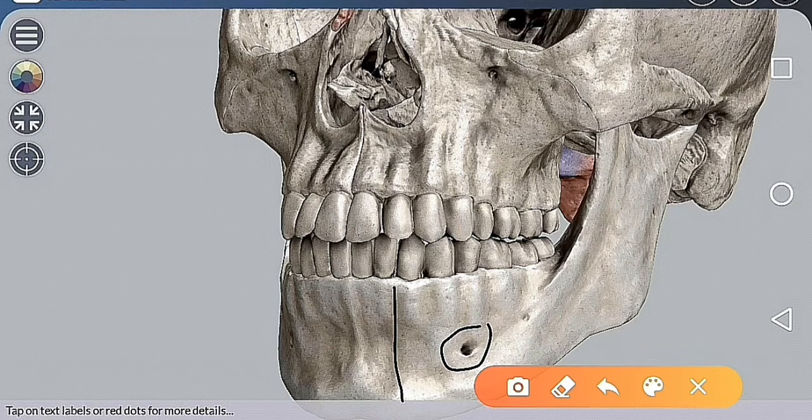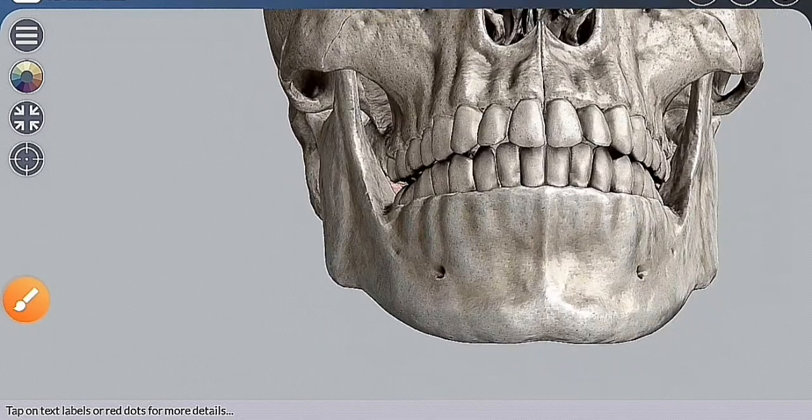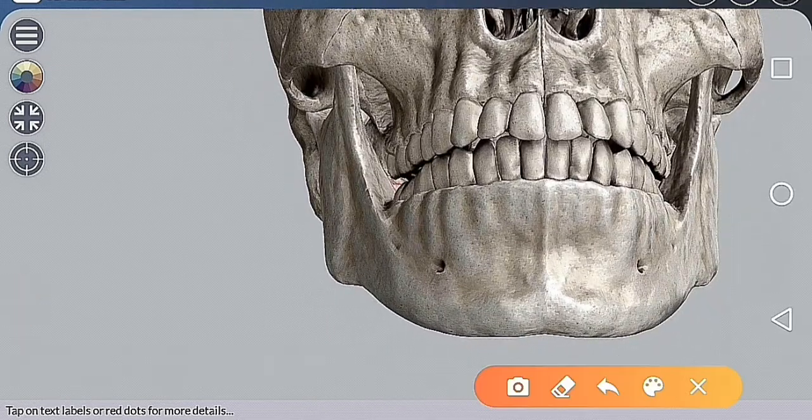The upper border of the mandible gives lodgement to the teeth, and the midpoint of the base is called the mental point. And this line which divides the mandible into two equal halves is called symphysis menti. So this is the symphysis menti.